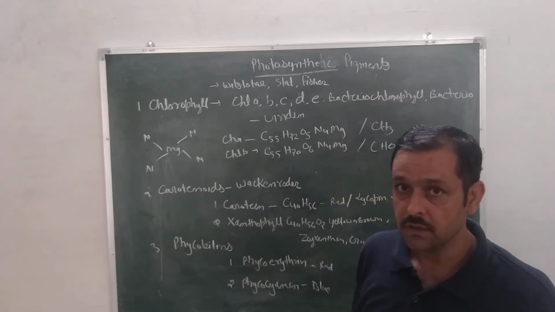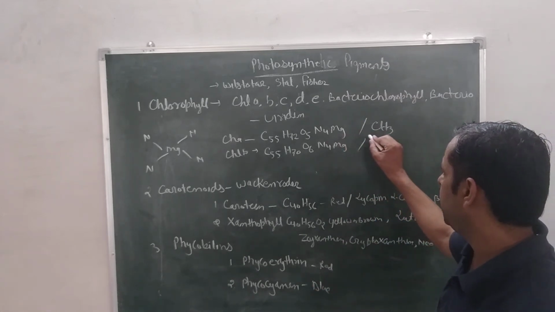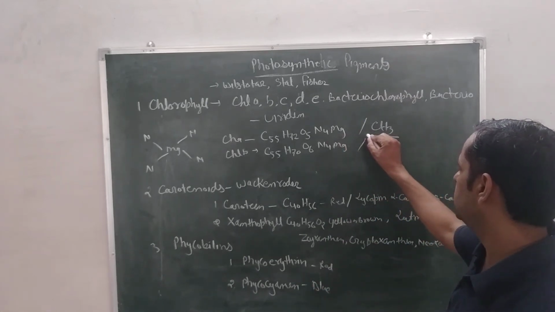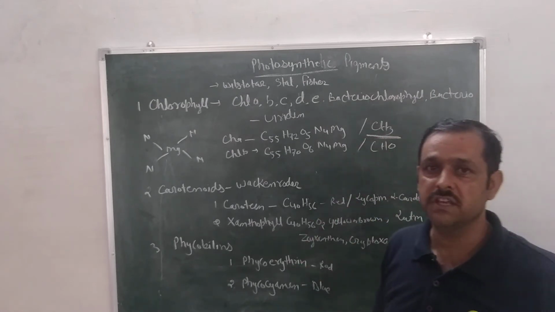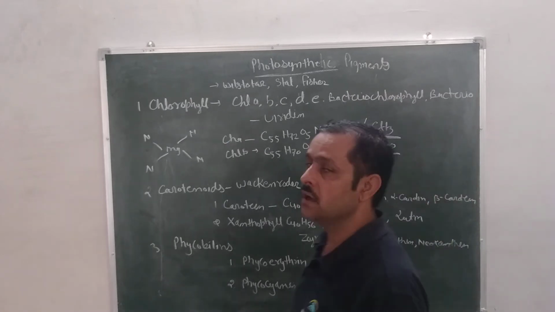Remember, in chlorophyll A a methyl group is present on the head, but in chlorophyll B an aldehyde CHO group is present.